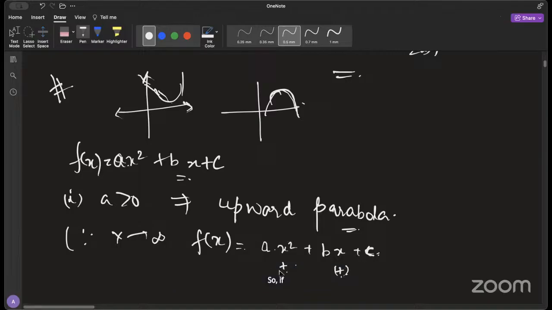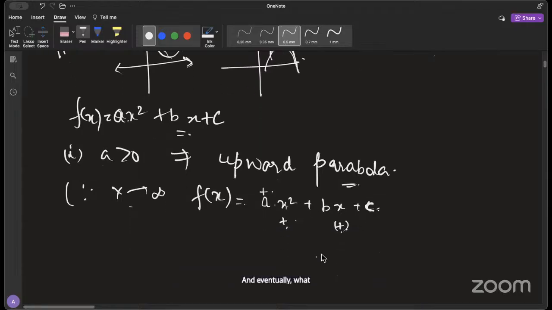So if x goes to infinity, that means ax squared also goes to infinity, because a is positive and x squared is positive. And eventually, when x tends to infinity, x squared is greater than bx. Or you can just say x squared is greater than x.